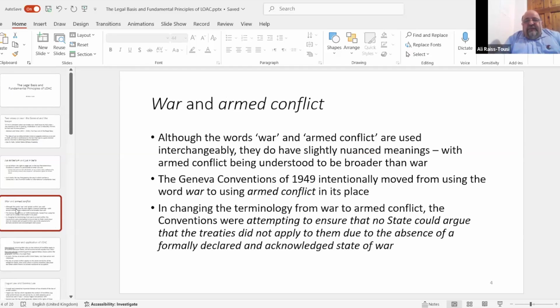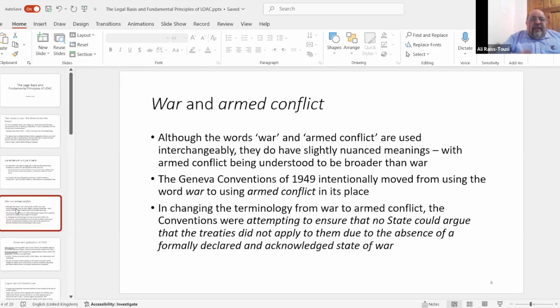When the four Geneva Conventions of 1949, and we'll come to the Geneva Conventions in a moment, were negotiated and agreed, the state parties intentionally moved away from using the terminology of war to the terminology of armed conflict, because war takes place and happens when states agree or admit or issue a declaration formally saying that they are at war.